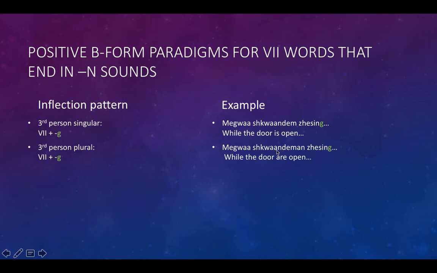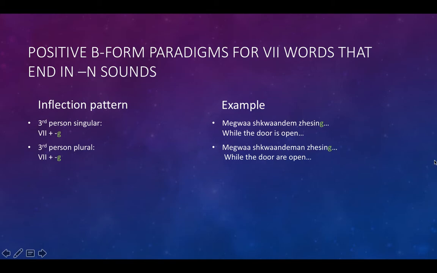We pluralize just our noun here with shkwandam. And then we use our VI word, jesin, and we add the G suffix. So that goes from jesin to jesing. We don't have to worry about plural suffixes on our verbs. It's just on the nouns.